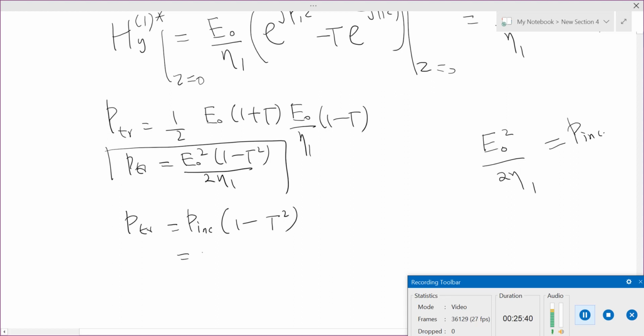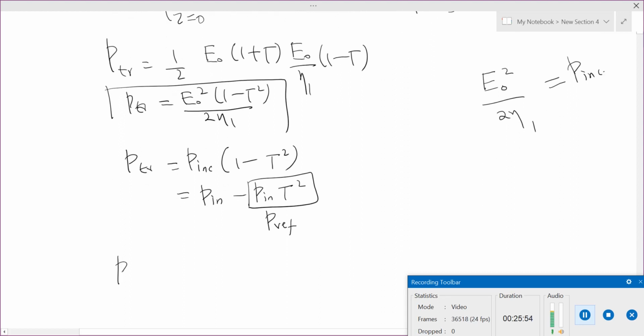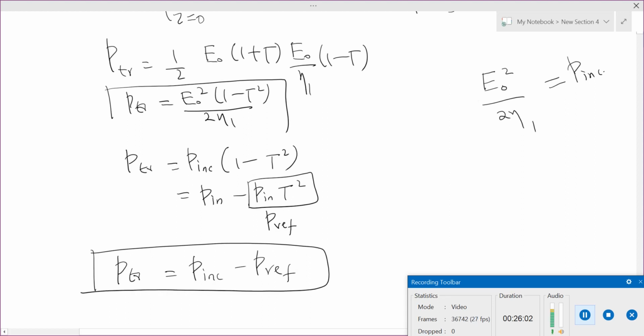I can also write it as P incident minus P incident gamma square. This part is easily seen to be the reflected power, P ref. So power transmitted is power incident minus power reflected, and we have the closed form expressions for all of them.